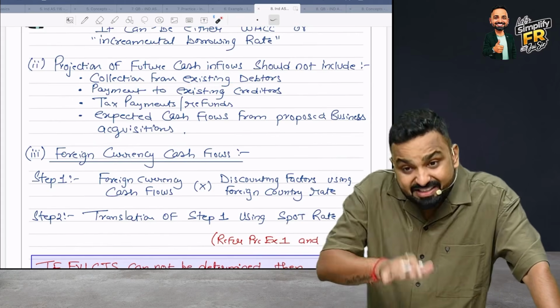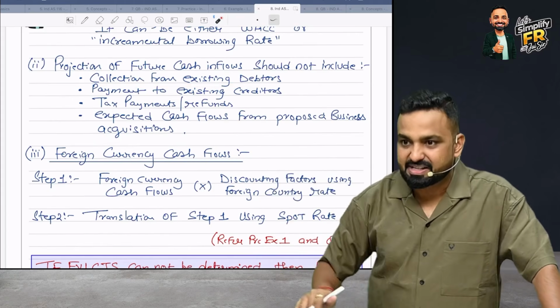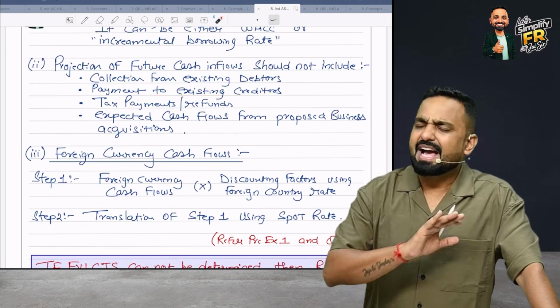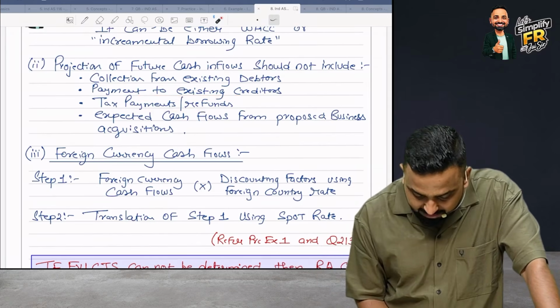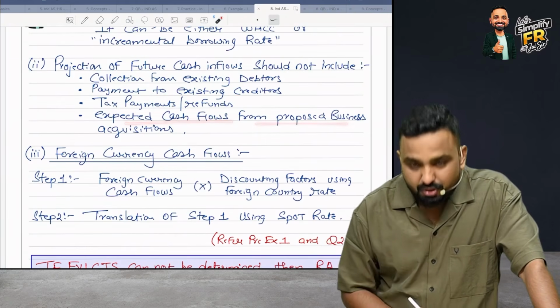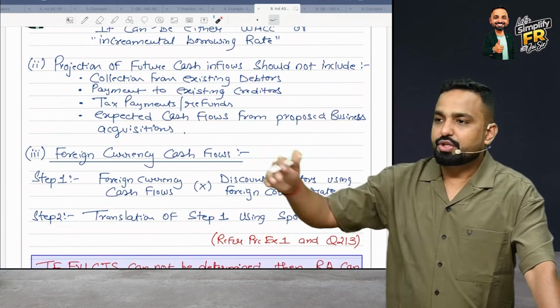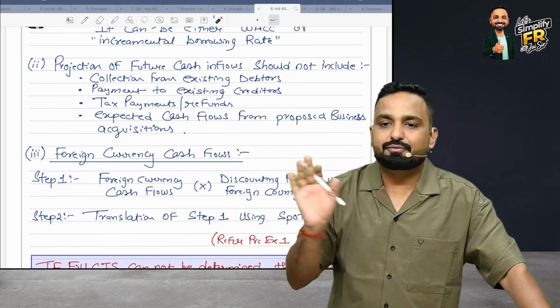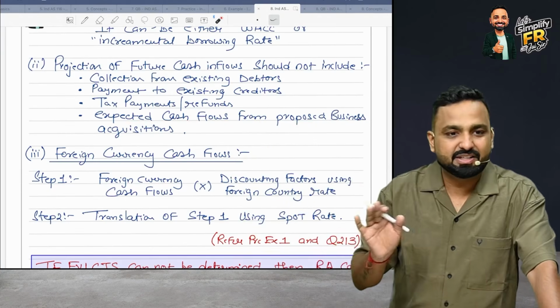Collection from the existing debtors, not the future debtors, existing debtors. Next, payment to the existing creditors. Next, tax payments and refunds we won't consider. And proposed business acquisitions or proposed investments not yet done, from which you are expecting some cash flow, you will not consider in the value in use.